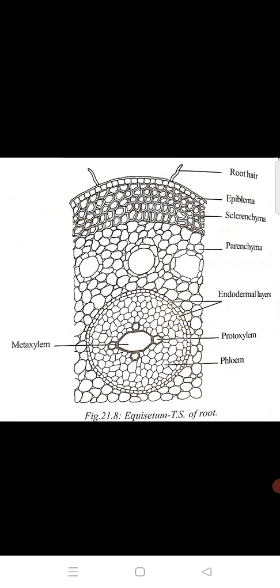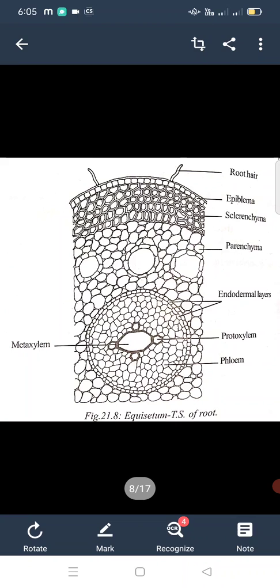In stem and leaf, the epidermis is a single layer, the same as the epiblema, which is the outer layer for the root. The next zone is cortex. It is made up of an outer sclerenchyma and inner parenchyma, and the endodermis is two layered, and pericycle is absent. And the next zone is stele.